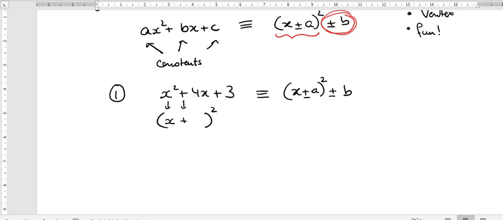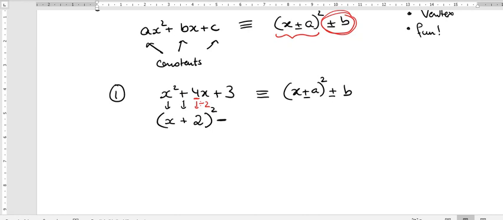And then here's the bit where we do a little bit of math. You always take half of this number, just the number, not the x. So whatever that number is, if it's 4 or 6 or whatever, you just divide it by 2. In this case, that would be 2. Leave that squared there, so that's the perfect square created. In order to take away any leftover bits, you always minus.